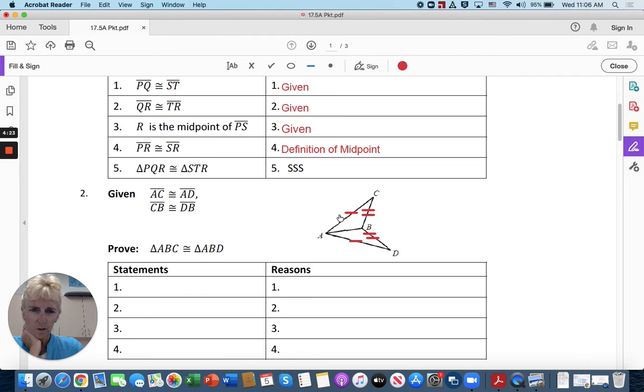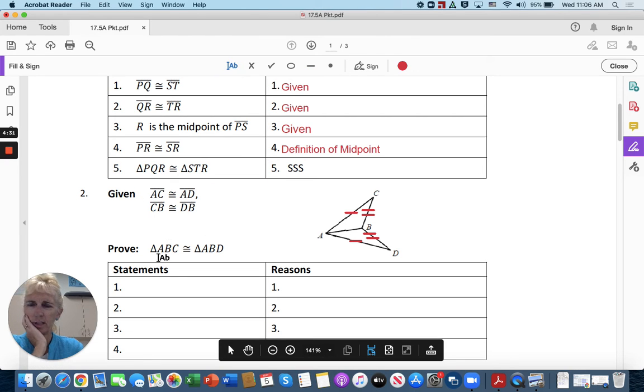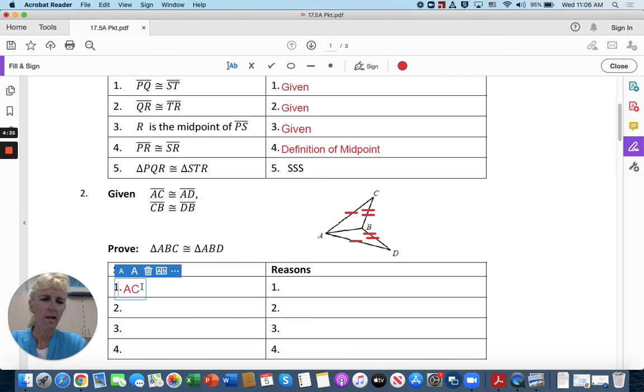Okay, so I marked it on here, and that's always what you want to start with, what you're given. So let me go ahead and type that in here, and you'll be writing it in. The first statement is AC, and you'd put the bar over it, congruent to AD.